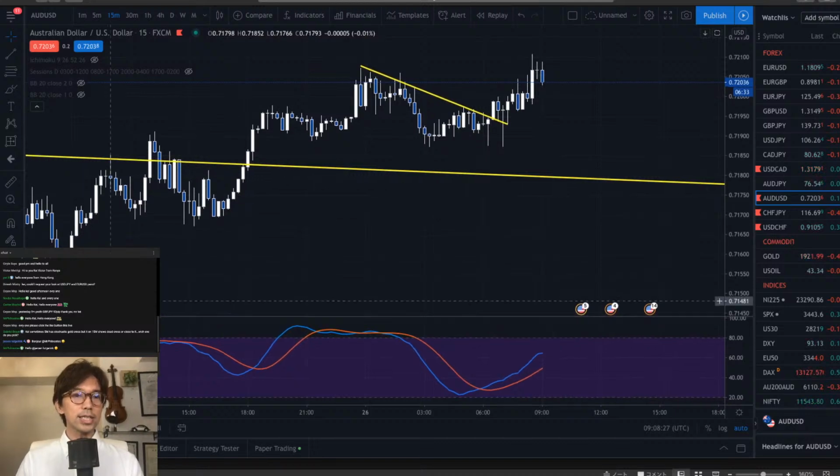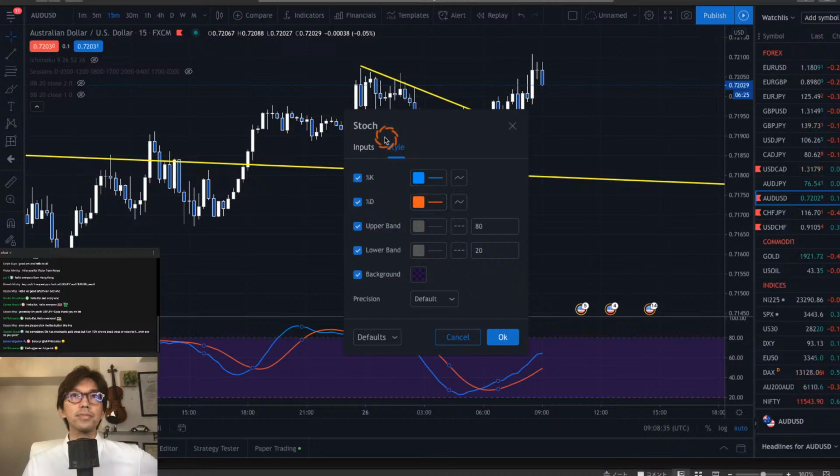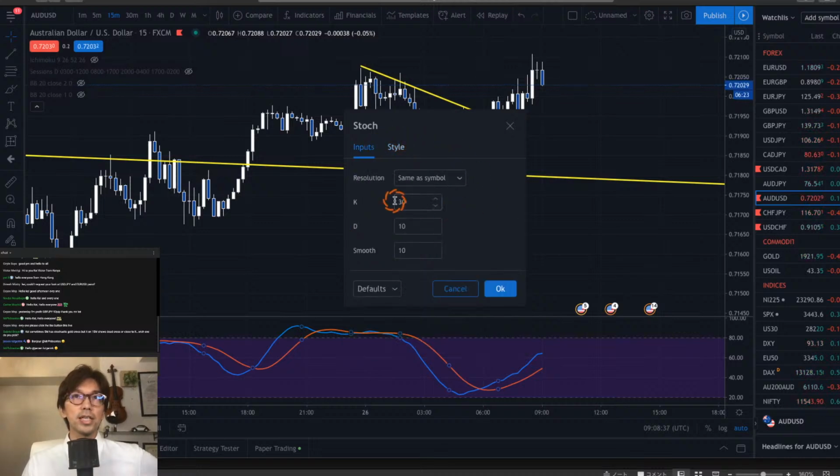And for the Stochastics, I use 30-10-10 setup. Here you can see this is my setting: %K 30, %D 10, and smoothing 10. So 30-10-10 is my favorite setup on Stochastics, and this is based on my own experience.